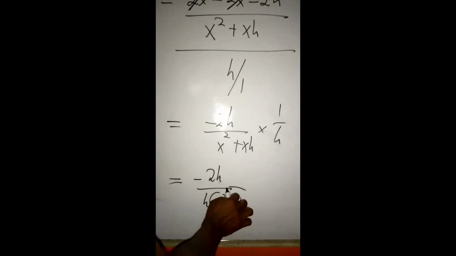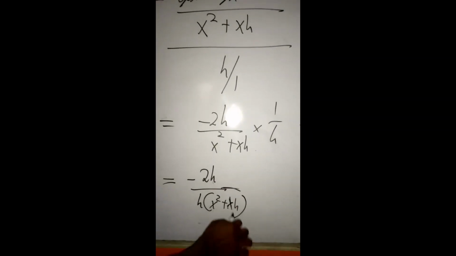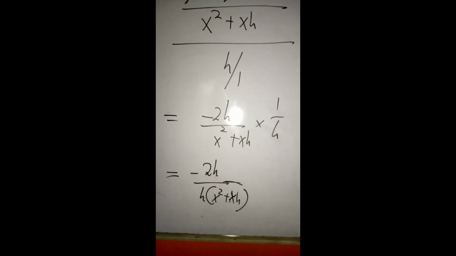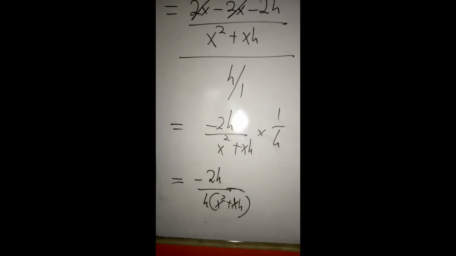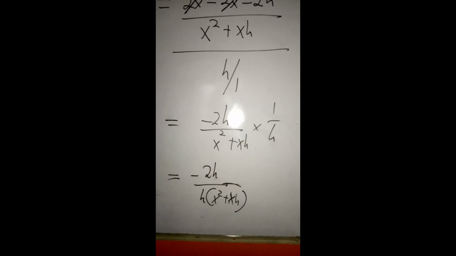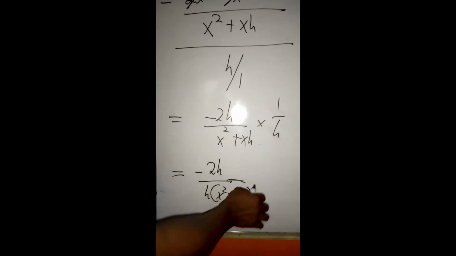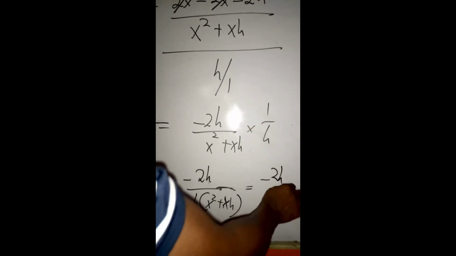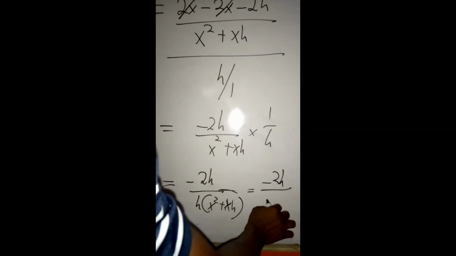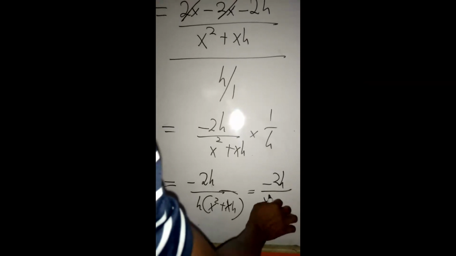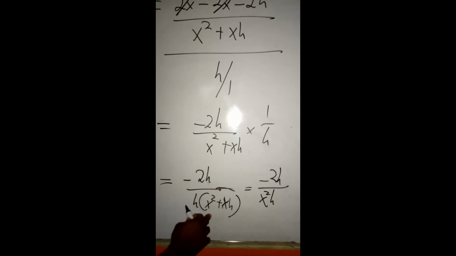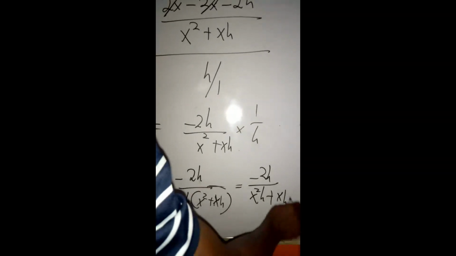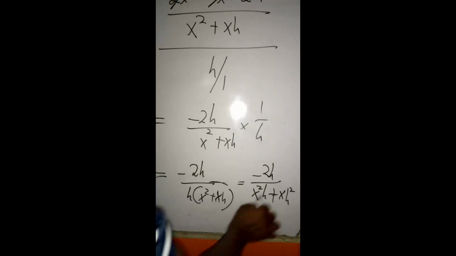Please be careful. This is not 1, 2, 3. You are dealing with alphabets and if you are not careful, you will just mess up. So you now have expanded, first of all, so that it will be easier for you: minus 2h all over x squared h, because h is multiplying x squared, plus xh squared. Please be careful.